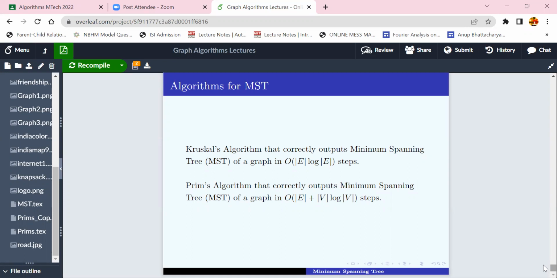Okay, then you will see in the coming days that for any two vertices in a given graph, the shortest path between the two vertices is determined via Dijkstra's algorithm, and this Dijkstra's algorithm is very similar to Prim's algorithm. You will see it in the coming days.